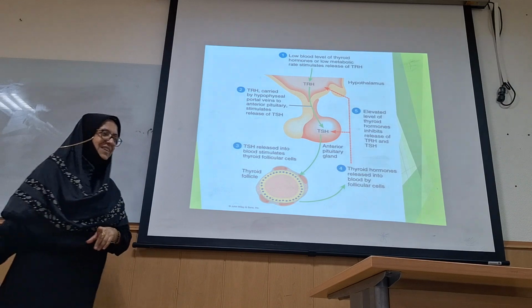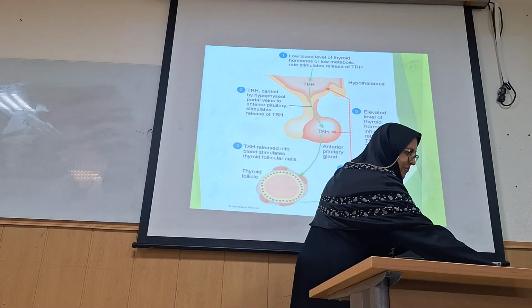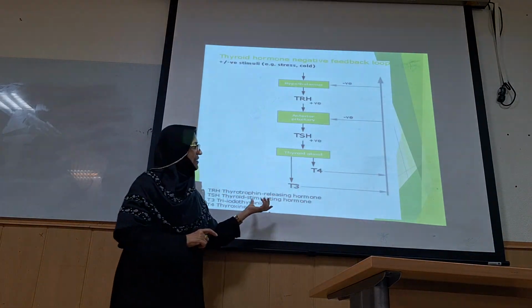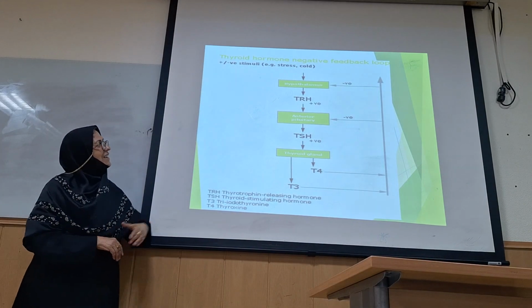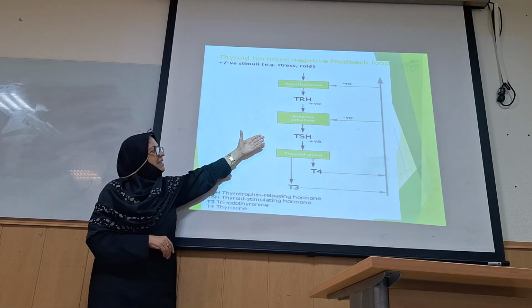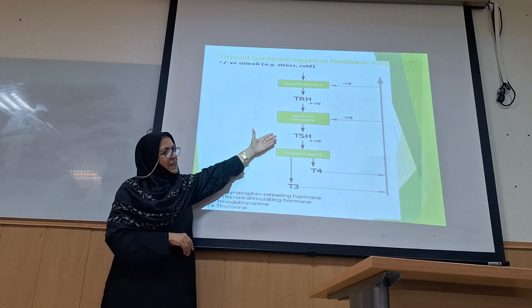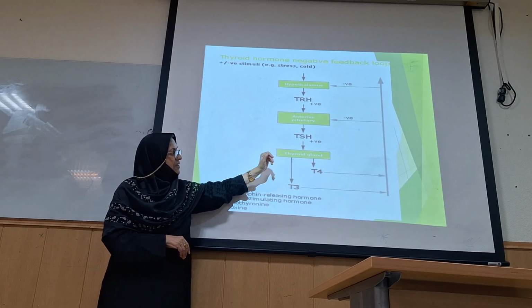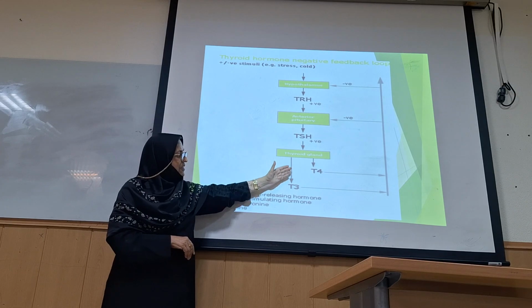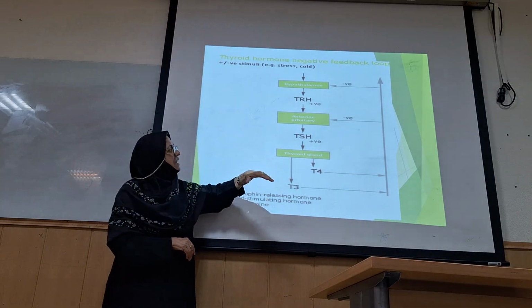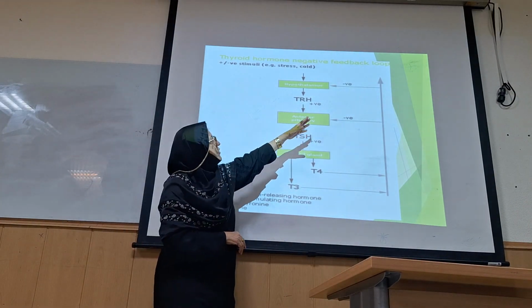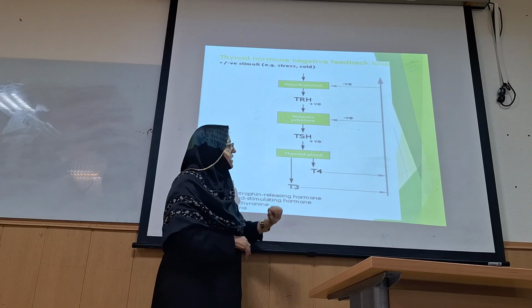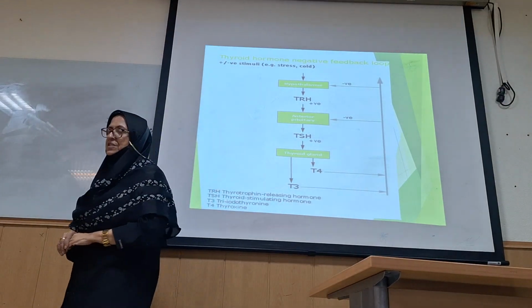Okay? This slide is like the previous slide. TRH activates the pituitary gland and releases TSH. TSH activates the thyroid gland, and the thyroid gland releases T4 and T3. Again, negative feedback controls TRH, TSH, and T4 and T3.